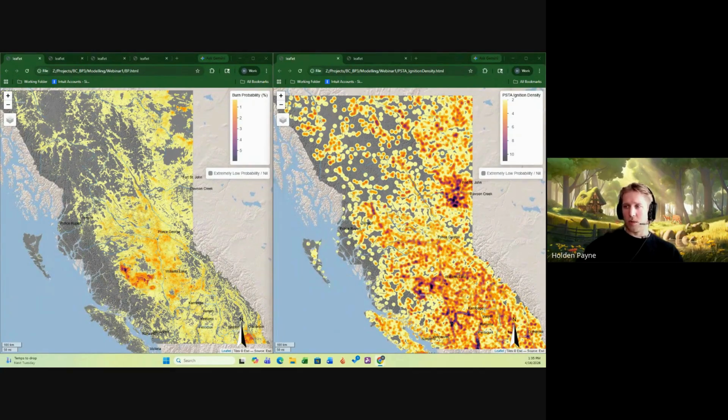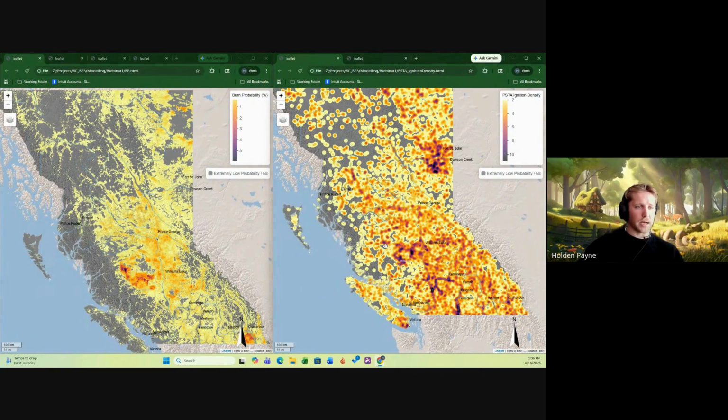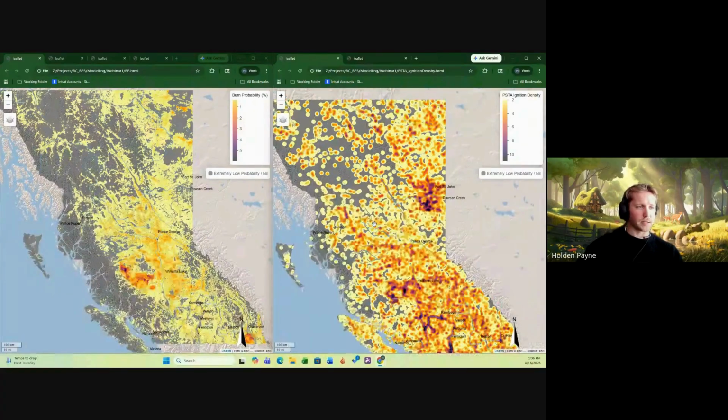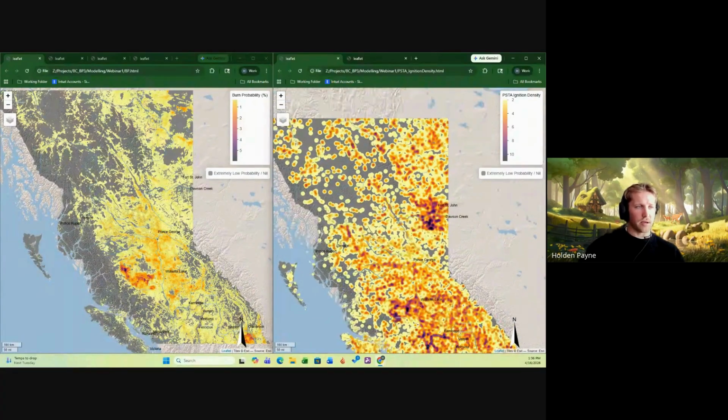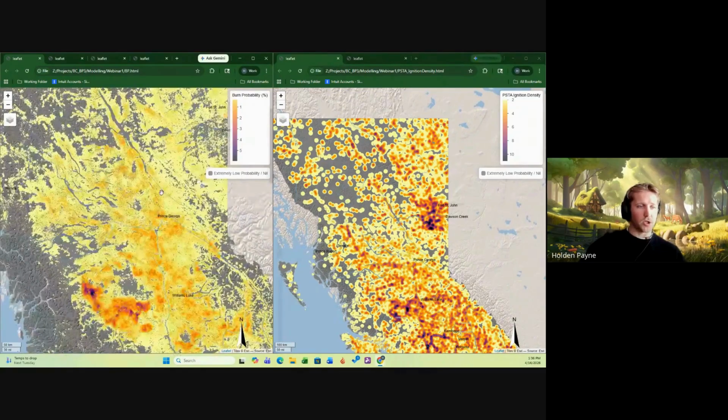And so what this is doing on the right is taking into account static historical ignition patterns. And the concern with that is that only relying on past ignition patterns neglects the fact that we have new and more frequent ignition patterns linked to a variety of things that we should account for. And so hopefully including not just ignition patterns, but also burn patterns, in our understanding of wildfire threat should improve that.